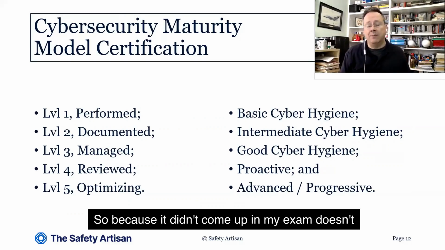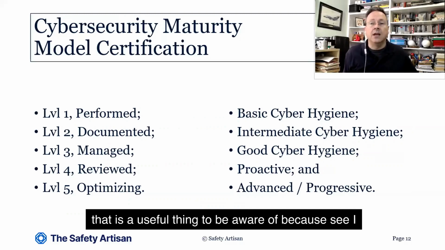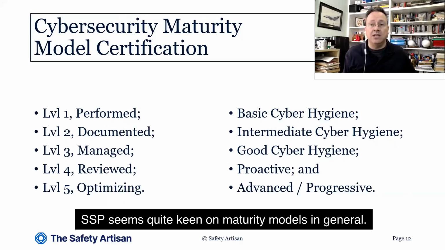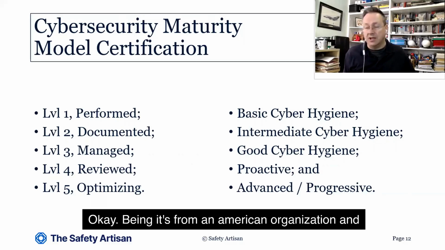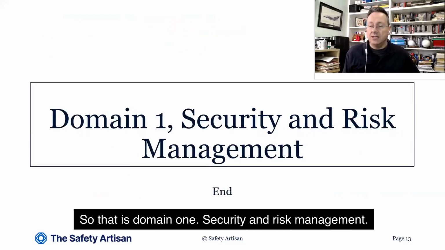So because it didn't come up in my exam doesn't necessarily mean anything. But nevertheless, I think that is a useful thing to be aware of, because CISSP seems quite keen on maturity models in general. It's from an American organization, and they love their maturity models.